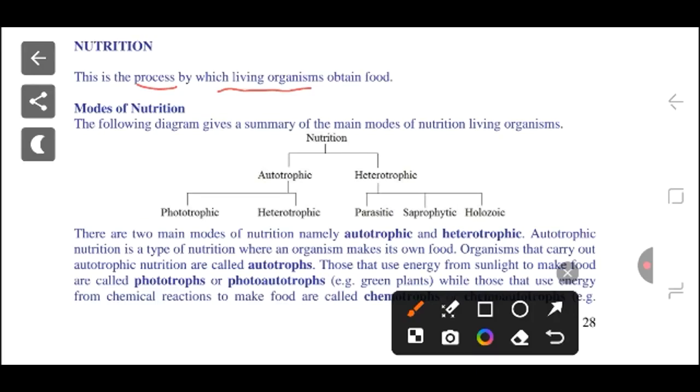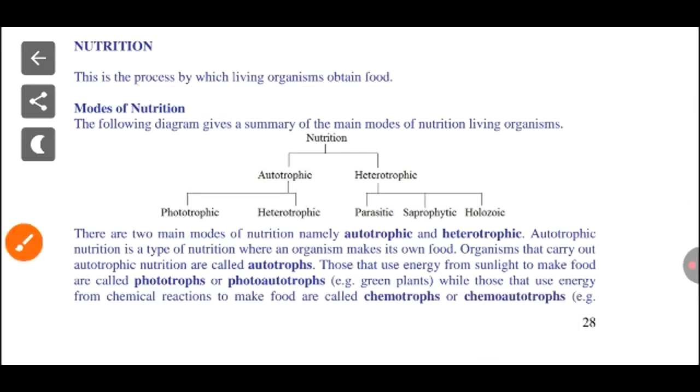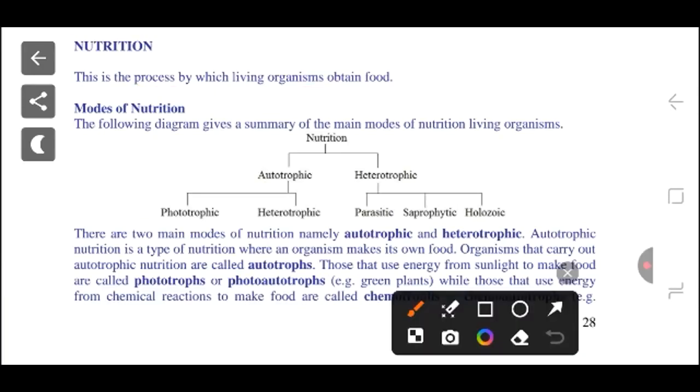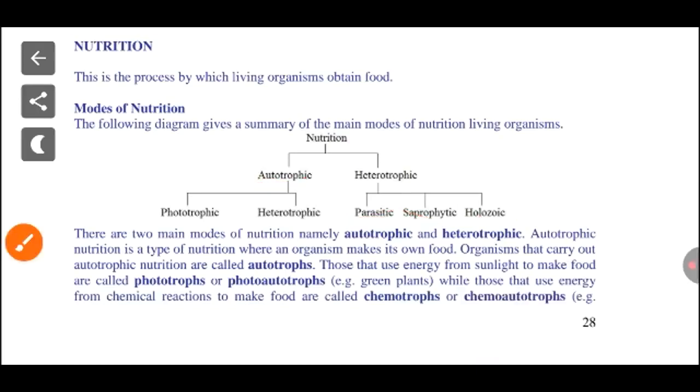Now we have modes of nutrition. We have two major modes of nutrition, which are autotrophic and heterotrophic. And under the same modes, we have the types, which are phototrophic, parasitic, saprophytic, and holozoic.